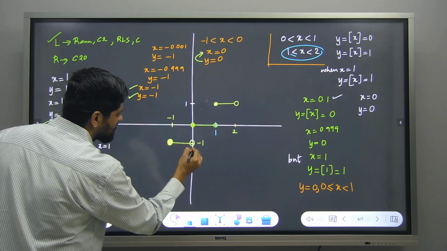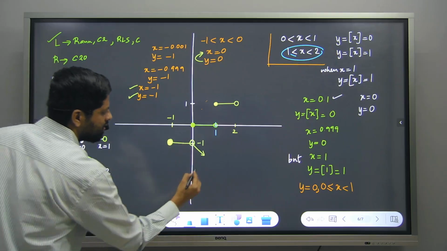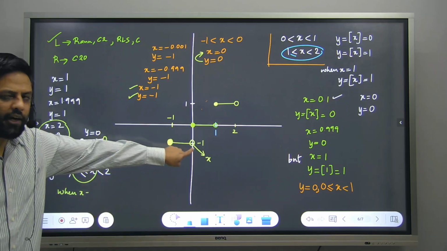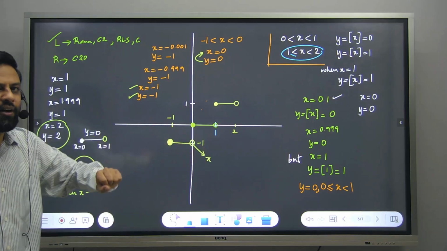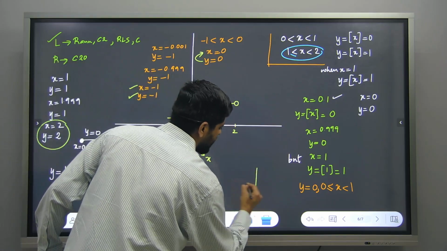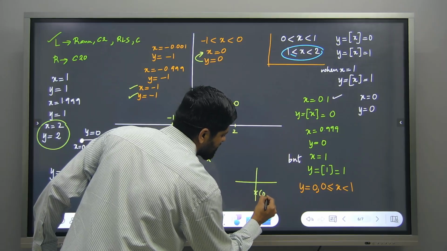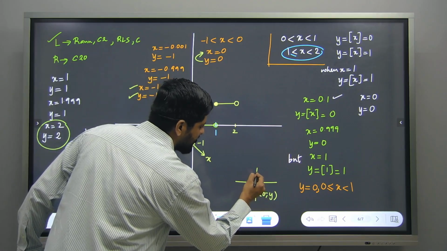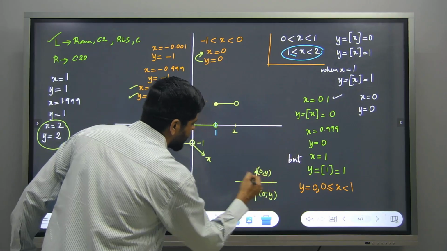What is the value of x here? Minus 1. At this point, what is the value of x? I'm not asking the value of y. X is 0, because on the y-axis, it's already discussed. Any point on the y-axis is of the format 0, comma y. So x is 0 here.